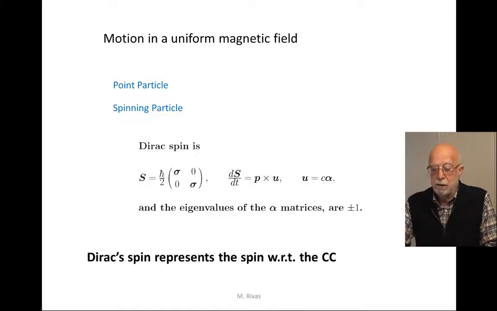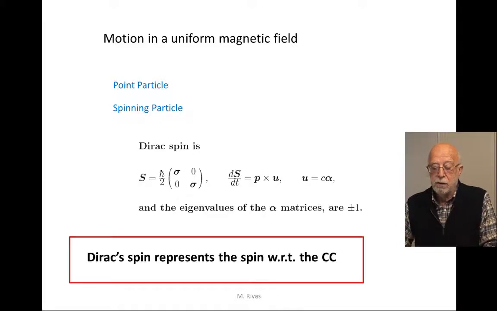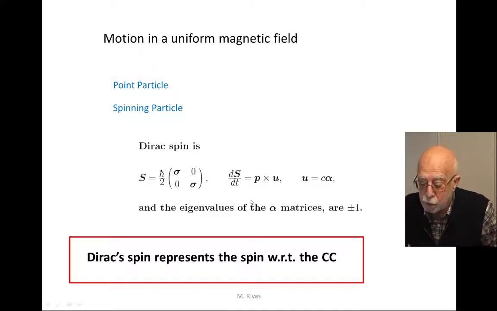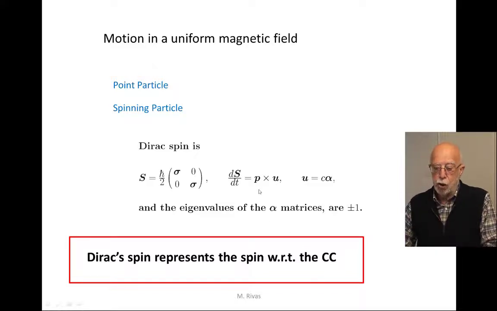So it is clear that in Dirac's theory, Dirac's spin represents the spin with respect to the center of charge. Not only does it satisfy the same dynamical equation, but it is described in terms of the velocity of a point moving at the speed c.